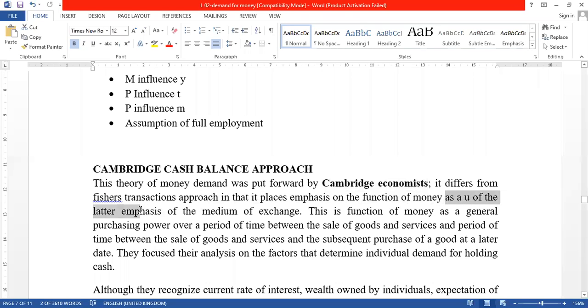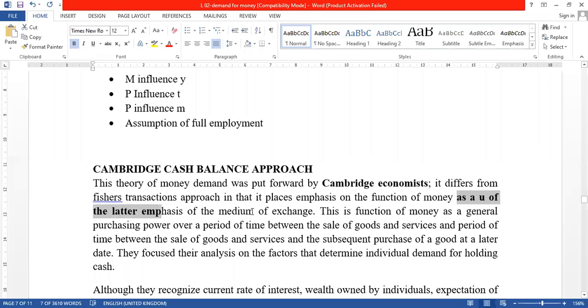And this is the function of money as a general purchasing power over the period of time between the sale of goods and services, and the period of time that is subsequent to the purchase of goods at a later date.